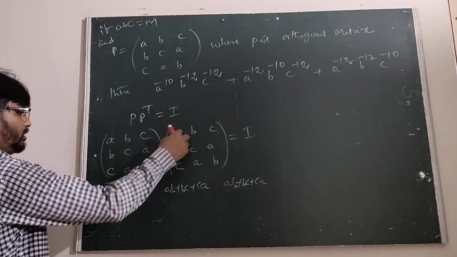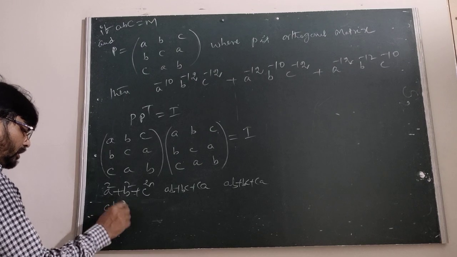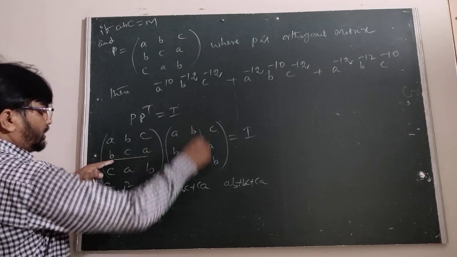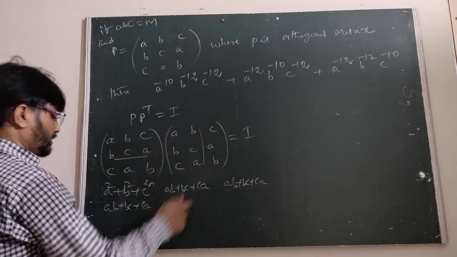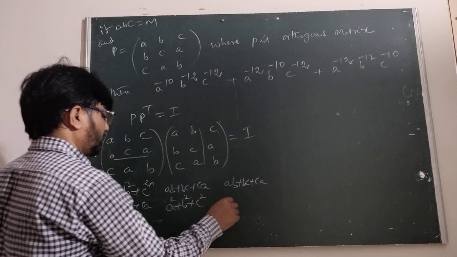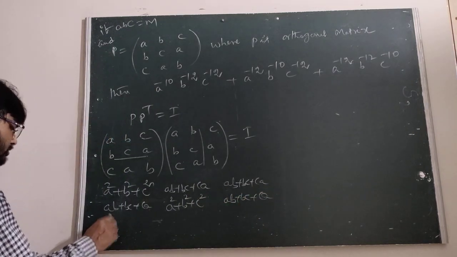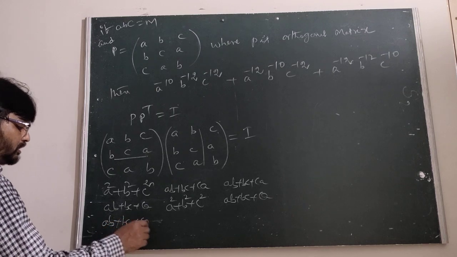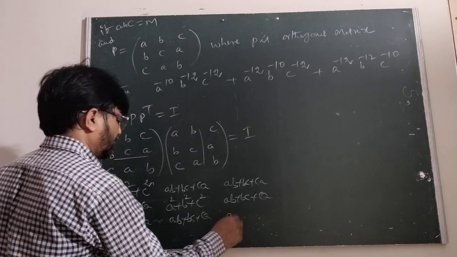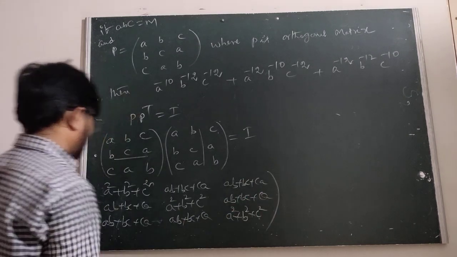Similarly, this one multiplied with this one gives ab, bc, ca. Now the second row with the second column, b square, c square, a square, that is a square plus b square plus c square. Then ab plus bc plus ca, and again ab plus bc plus ca, and the value a square plus b square plus c square.